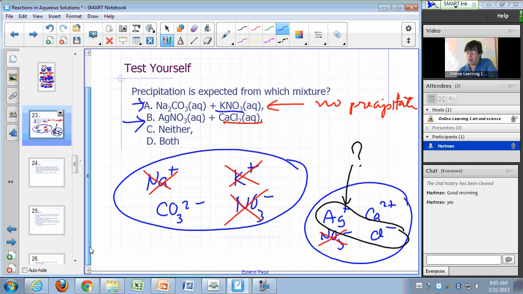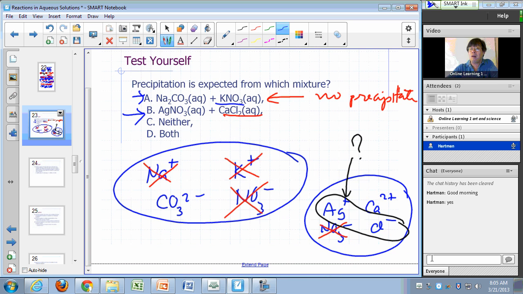We have a chloride. So chlorides are generally soluble except in combination with lead, silver, mercury, and copper 1. Well, this is silver, so that means AgCl is insoluble. So it is possible to get a precipitate from this mixture right here.